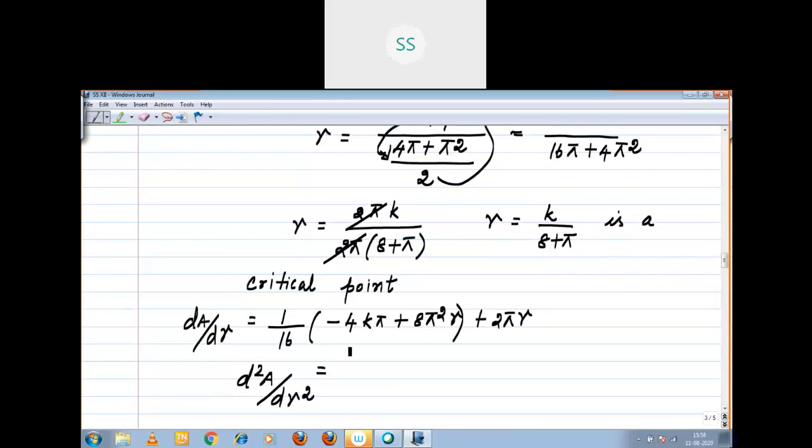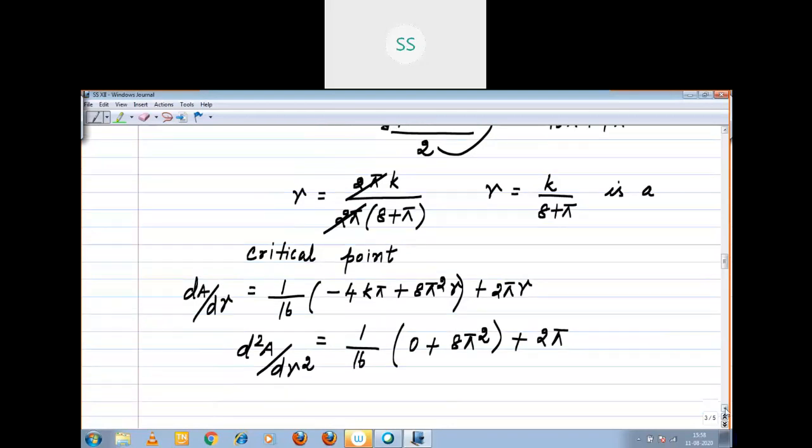It will act as 0. The 1 by 16 is common. 0 plus 8 pi square plus 2 pi plus 2 pi. Now multiply by 16.